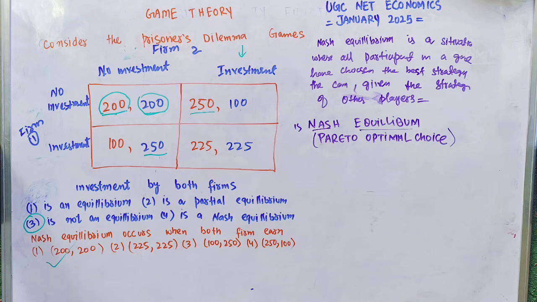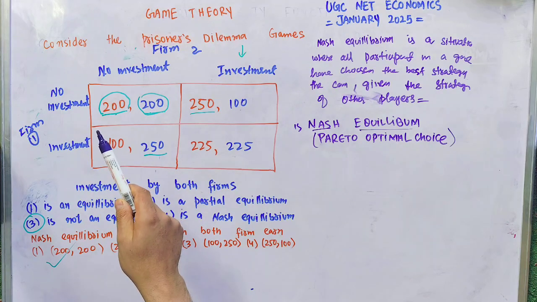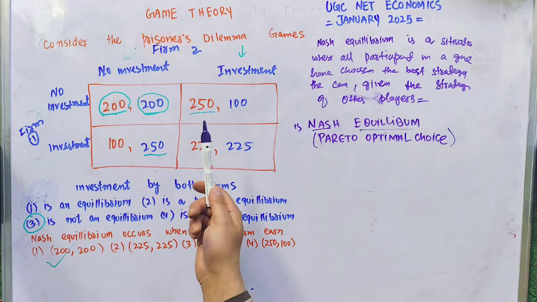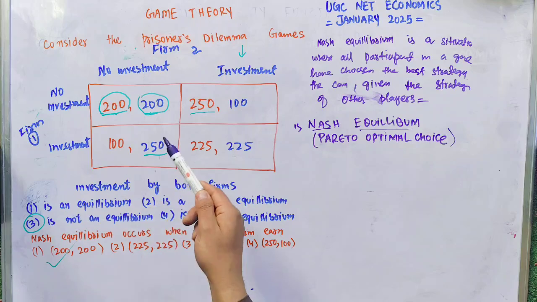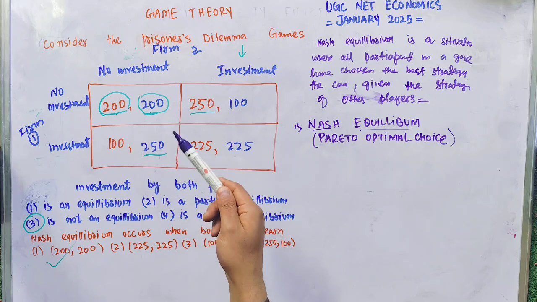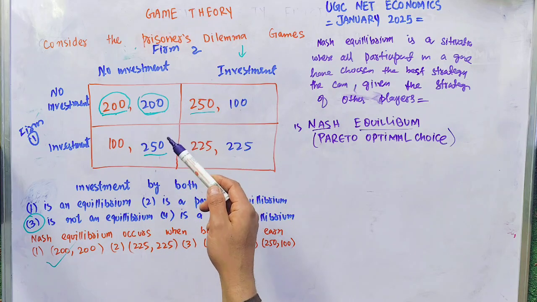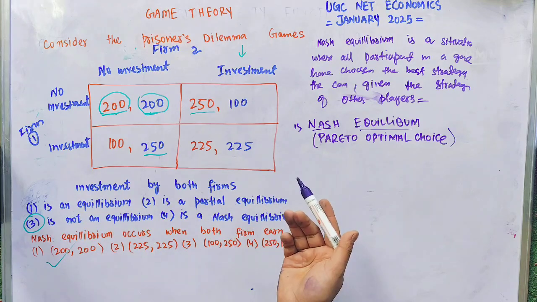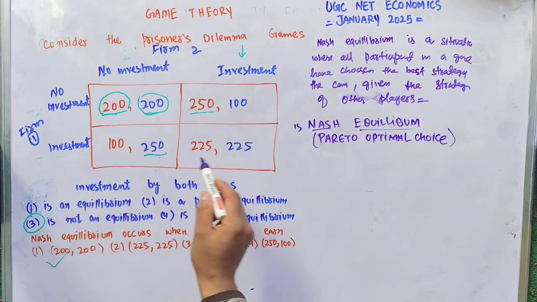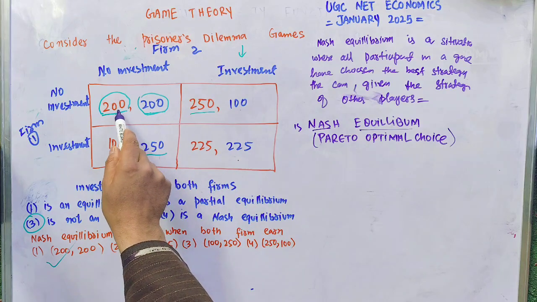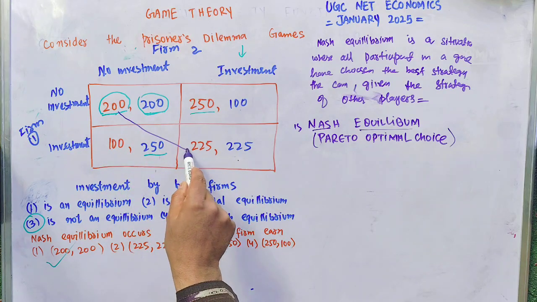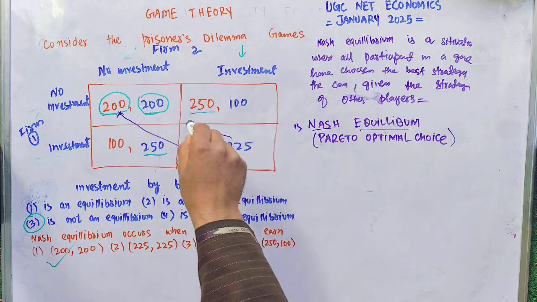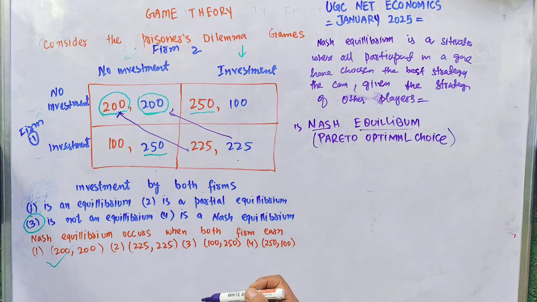Okay, so if we see here, if both firms come to an agreement somehow that whatever happens, they will both invest. That means if they cooperate with each other by an agreement or anything else, and both choose investment, we can see that 225 is greater than 200 for each of them.